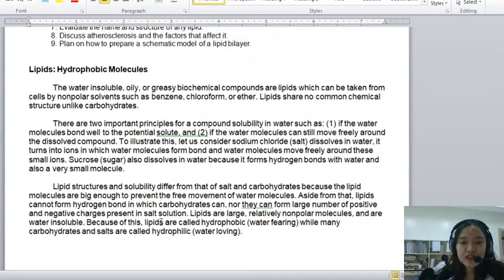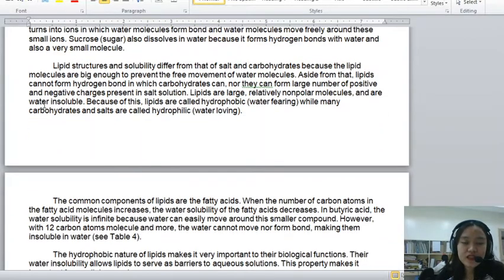Because of these, lipids are called hydrophobic, water-fearing. While many carbohydrates and salts are called hydrophilic, water-loving. So that is the difference between your lipids and carbohydrates.